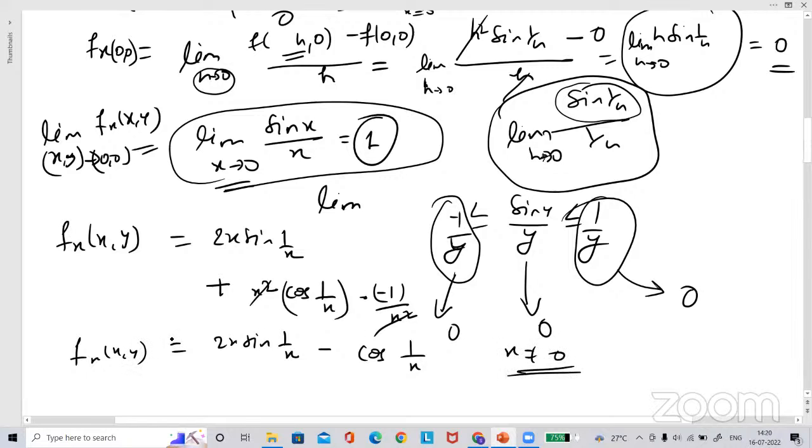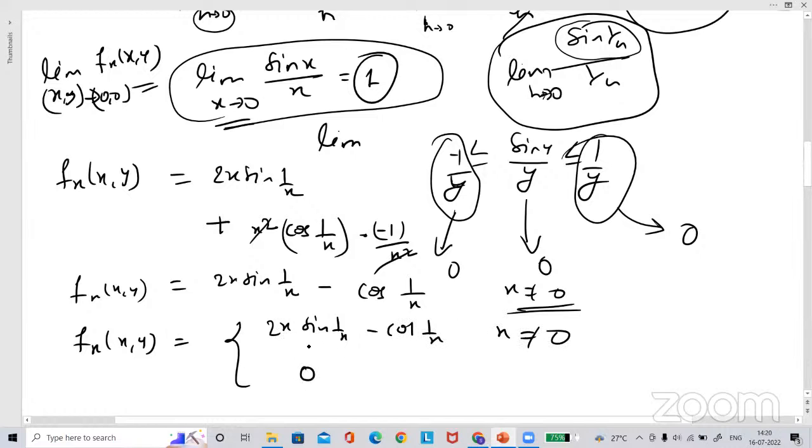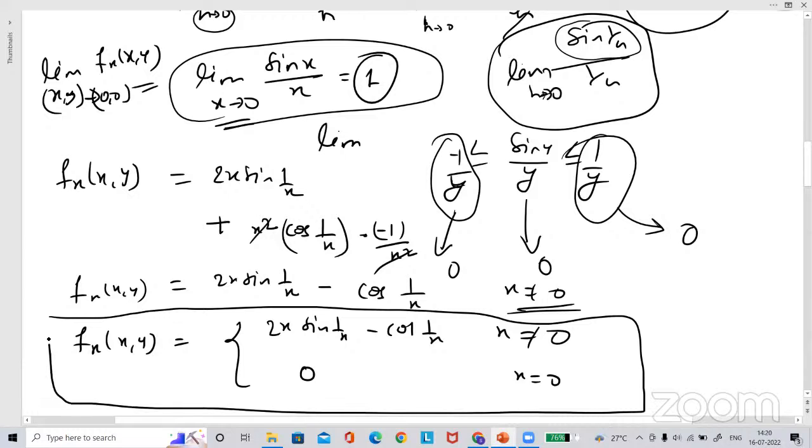And so now your function is going to be like this, partial derivative with respect to x. So it will be 2x sine 1 by x minus cos 1 by x when x is non-zero, and you already got the value when x is 0. So for this function you have to check whether it is going to be continuous at 0 0 or not.